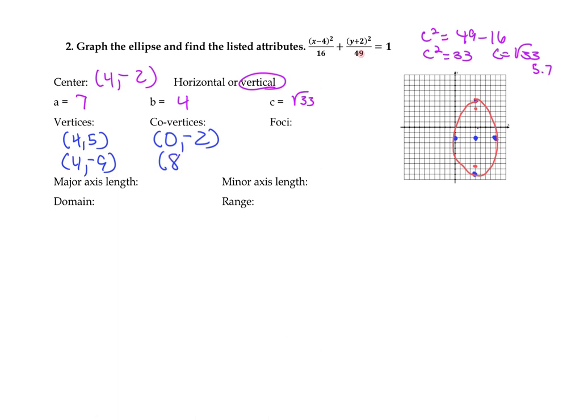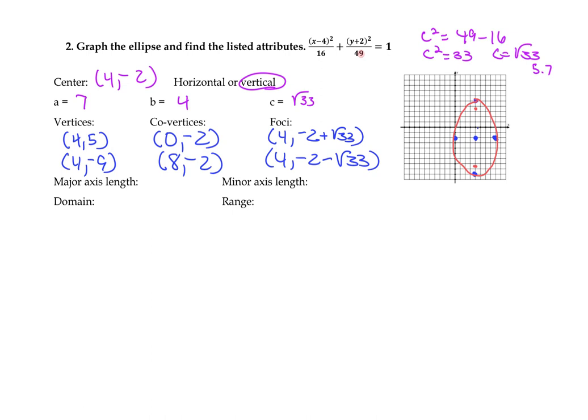And then I go right 4, that's at 8. And then my foci is on the major axis, so I go over 4, and I would start at -2 and add root 33. And then 4, I'd be at -2 minus root 33, and that would be the foci.